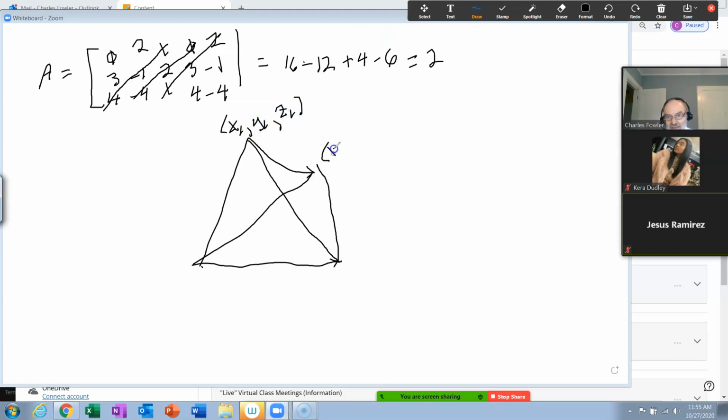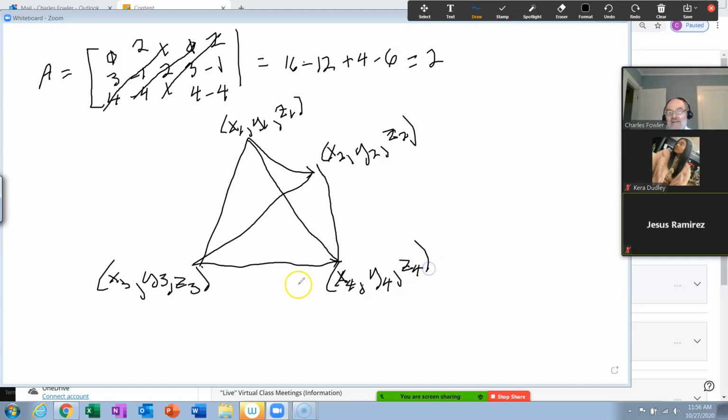This one will be x2, y2, z2. This one would be, it doesn't matter which one, x3, y3, z3. And this one over here would be x sub 4, y sub 4, z sub 4. Those are just points in space.